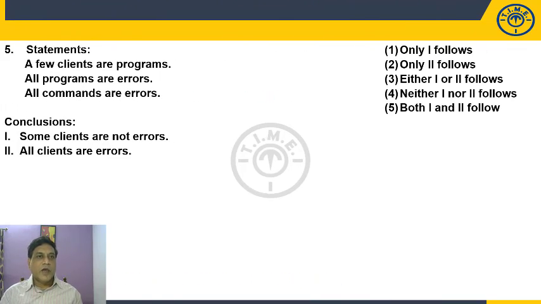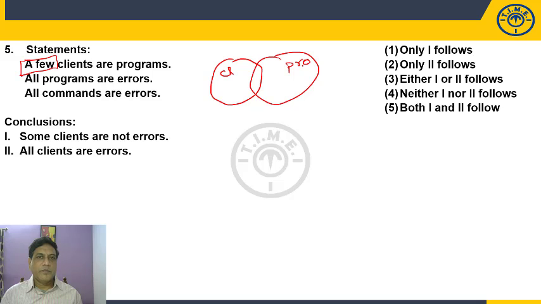Next one. A few clients are programs. So this is client and this is program. A few is the same as some. All programs are errors. The entire circle of program should be inside errors. All commands are errors, so all commands should also be inside errors.